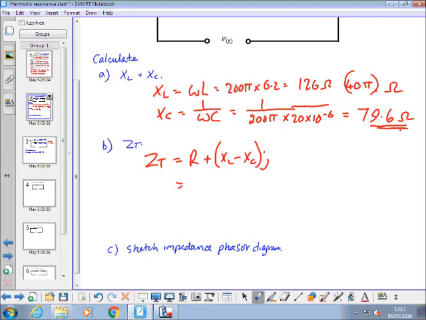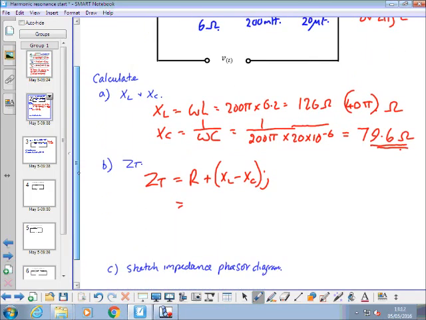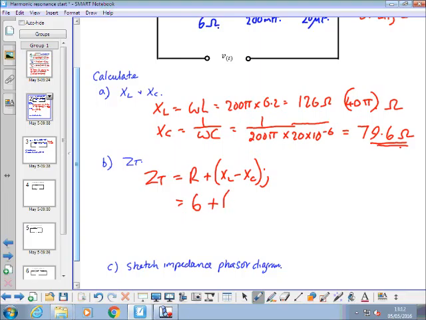Putting in the figures, resistance was 6 ohms plus 40 pi minus 79.6 J. And then doing a conversion on that. Do a conversion on that with the angle in radians, please. You're going to want that to calculate the current in a minute.